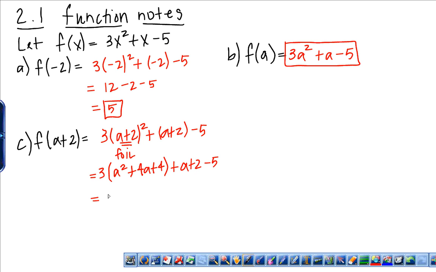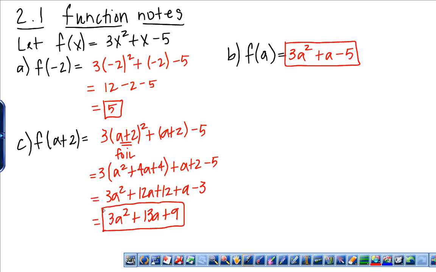So distributing the 3 gives me 3a squared plus 12a, and then plus 12. I still have my a, and let's subtract these. Simplifying one more time, this gives me 3a squared plus 13a, and this is going to be plus 9. And that should be my answer, just simplified.